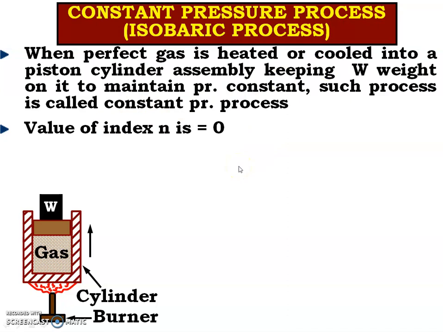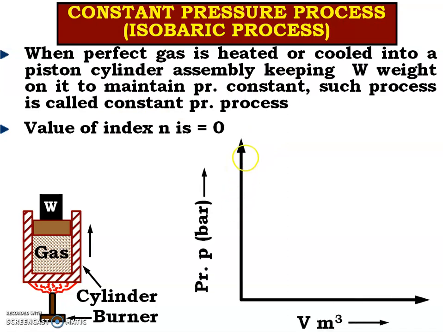Now let us draw the PV diagram. On y-axis it is pressure and on x-axis it is volume. State number 1, that is point number 1, having pressure P1 and volume V1. Now when we supply the heat, the pressure on the gas will remain constant, but volume of gas will increase. Clear?